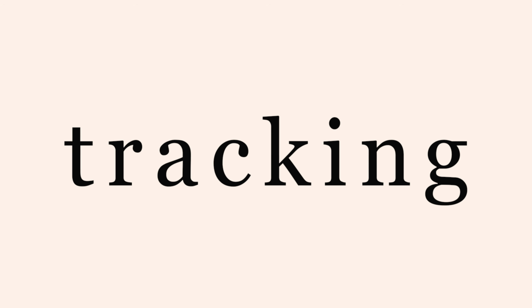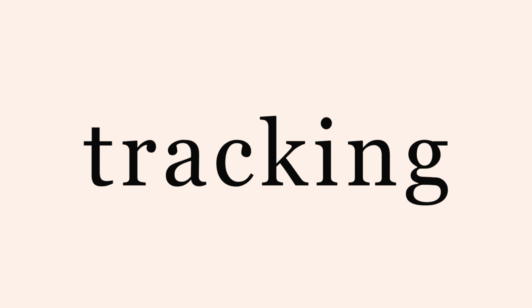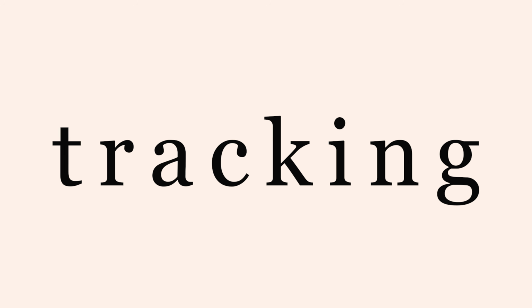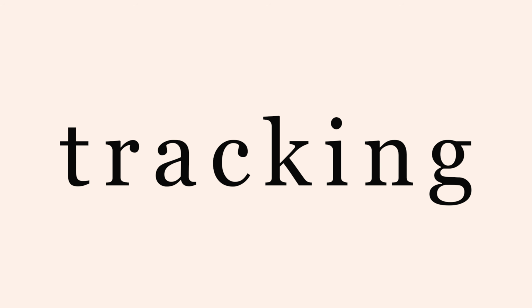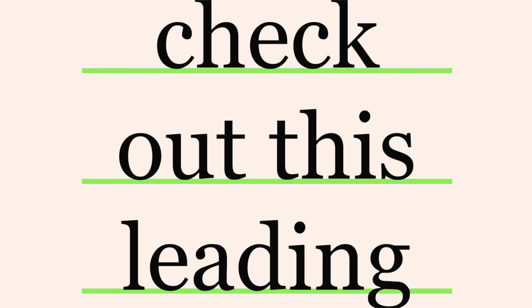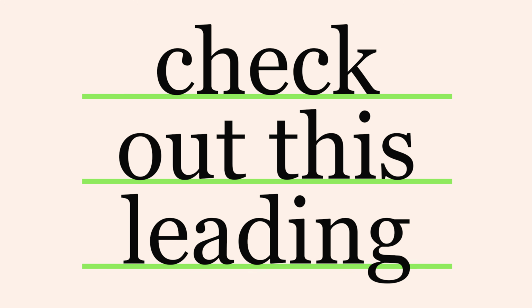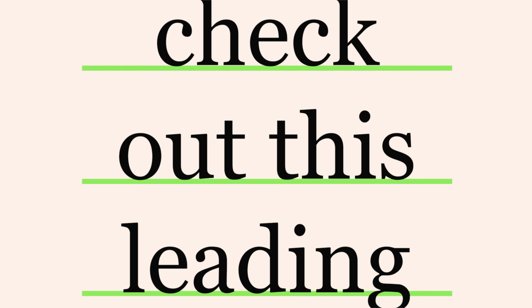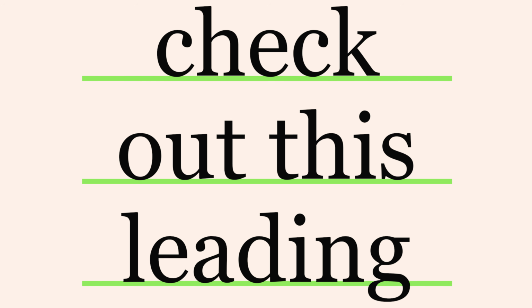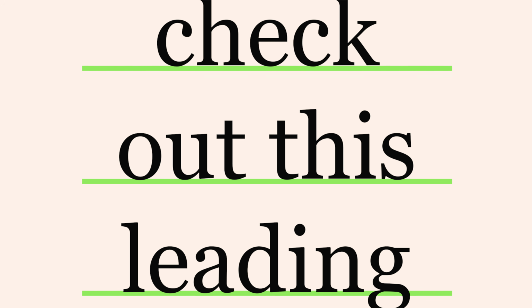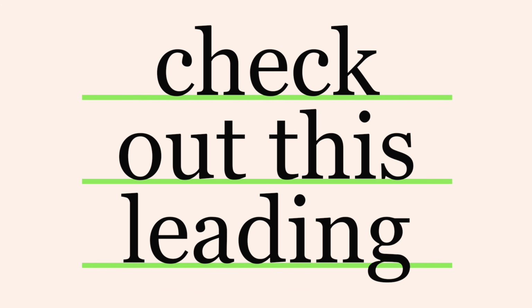Tracking refers to the space between all the letters in a word or sentence. This is adjusted to make the entire text more evenly spaced. Finally, leading refers to the space between lines of text. This is also called line height. Adjusting this makes sure the lines aren't too close or too far apart.